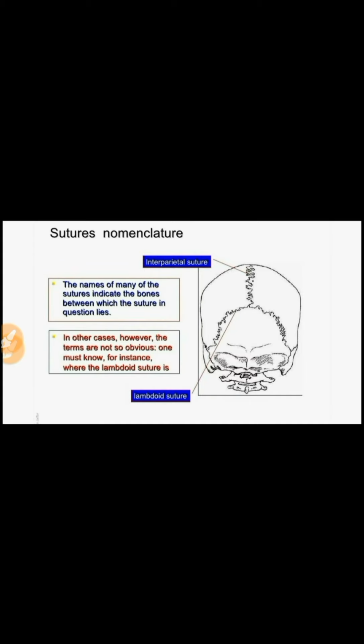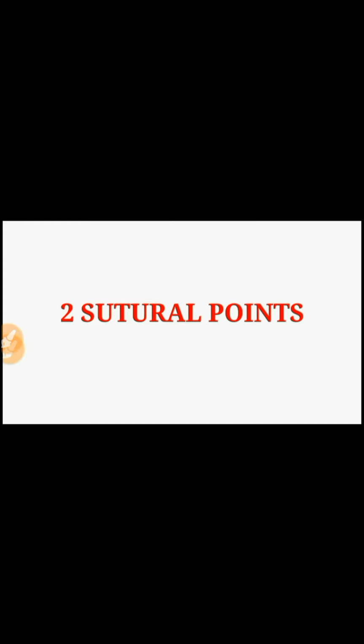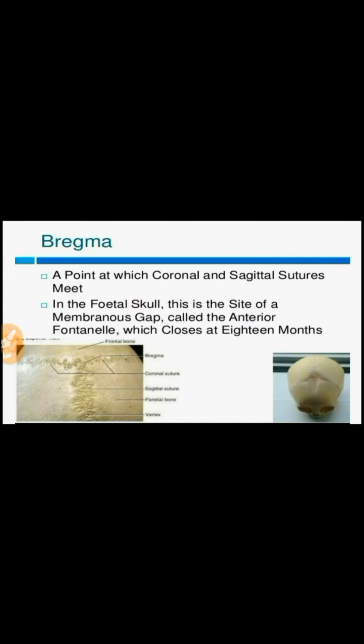So we call the sagittal suture the interparietal suture also, and the occipito-parietal suture is called the lambdoid suture depending upon its shape. Sometimes you can identify them by the name only, sometimes you have to find them, as in the case of lambdoid.